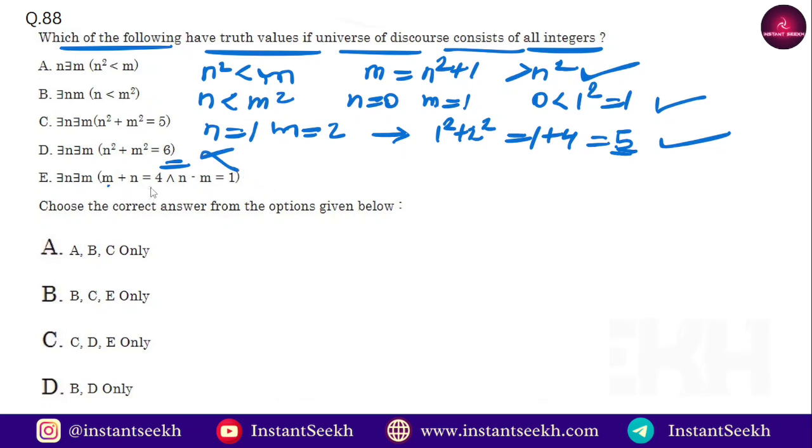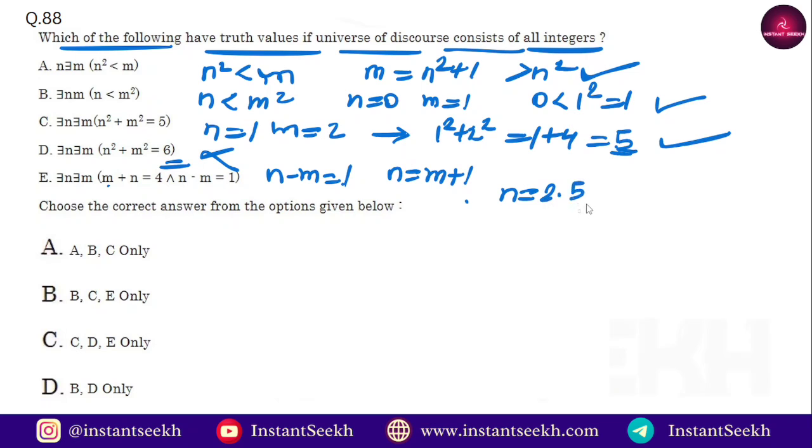m plus n equal to 4, raised to n minus m equal to 1. Let's say n minus 1 equals m, we get n equal to m plus 1, right? So if we substitute into m plus n equal to 4, that implies n will be equal to 2.5.